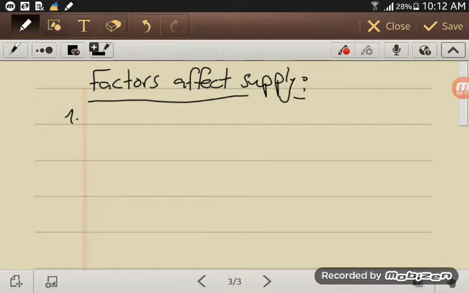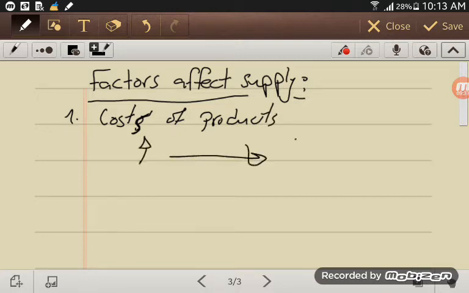Factor number 1 is price of raw material, or price of factors of production, or in other words, costs of production. If cost of production increases, supply is going to decrease, as you are going to pay more in order to produce a single unit.